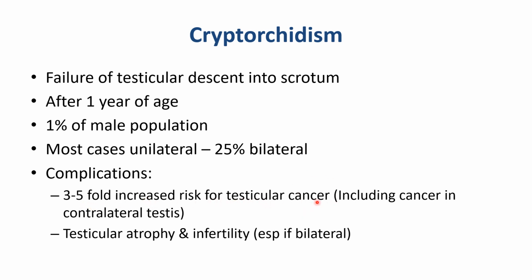Okay, and it's not confined to cancer only in the undescended testes, but the risk also applies to the contralateral testes as well. So apart from the risk of cancer development, it also will result in testicular atrophy and infertility.